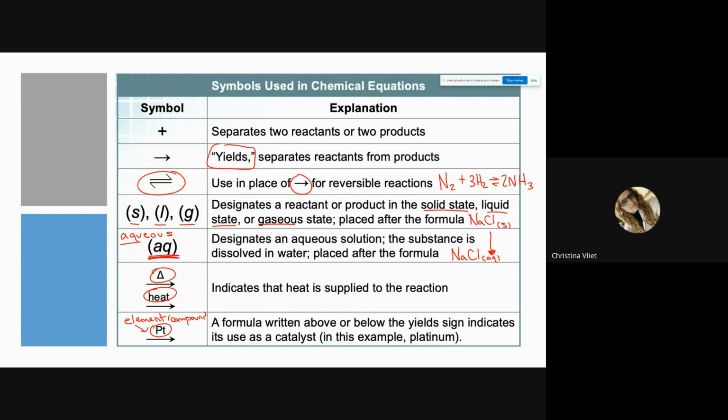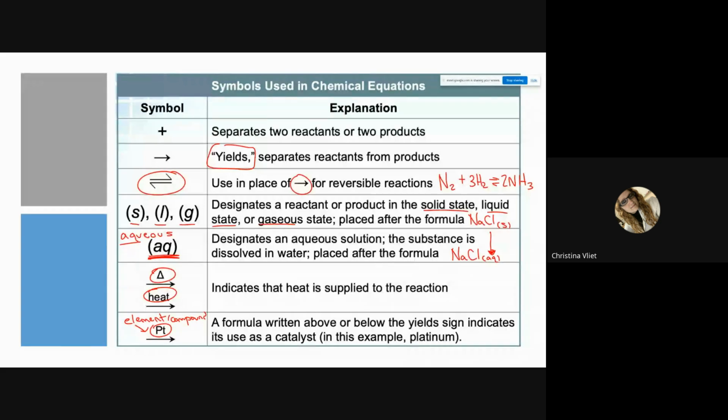On the top of the arrow, that means that's what is helping that reaction to go. And actually with photosynthesis, you need some kind of light in order for it to happen because of the light reactions versus the dark reactions. You need light for your plant to happen.